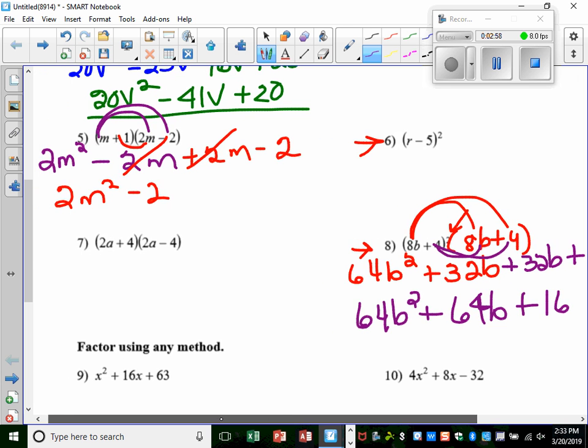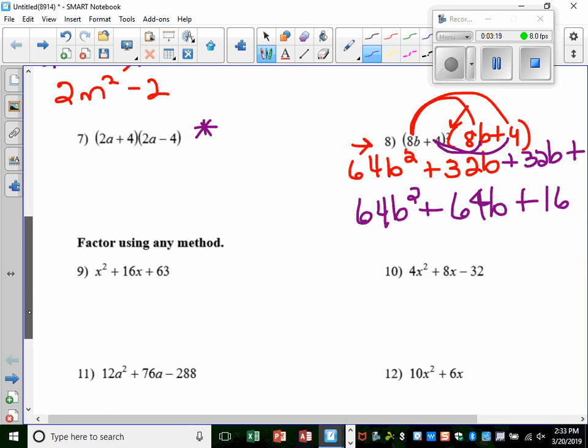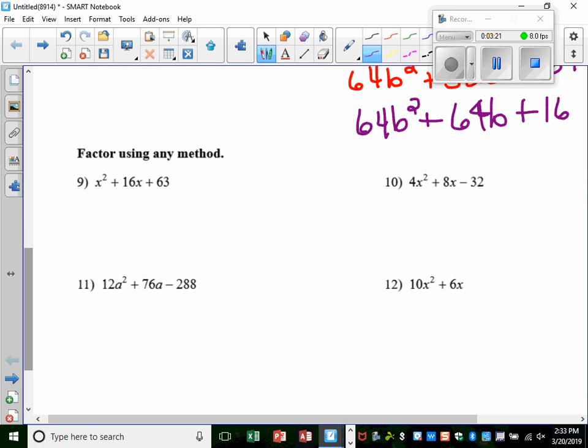All right. Now, keep in mind, this is a special situation, because what do you notice about these two binomials? They're the same, except for one's a plus and one's a minus. So what's going to happen there when you do that one, since I did number 8, the middle terms will cancel out. Okay, but you can see that, once you distribute it out, it'll all work out for you.